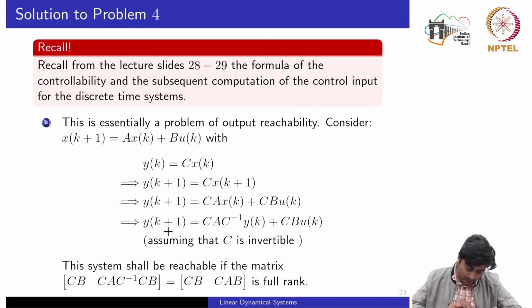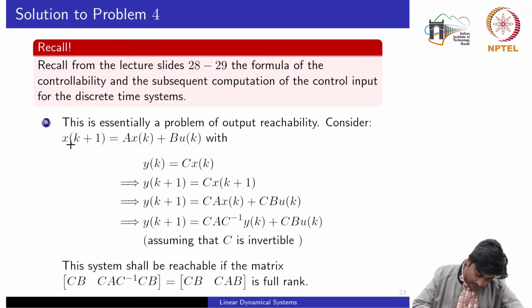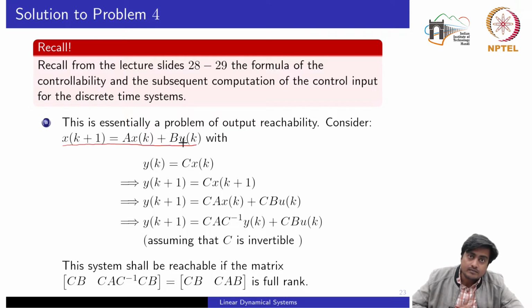The answer would be no, first of all, because we have computed the A, B matrices for this state space system, where the state vector is x, and the A, B matrices are part of this algebraic equation in this way. So we need to parameterize this state equation in terms of the output equation to finally use the rank test.